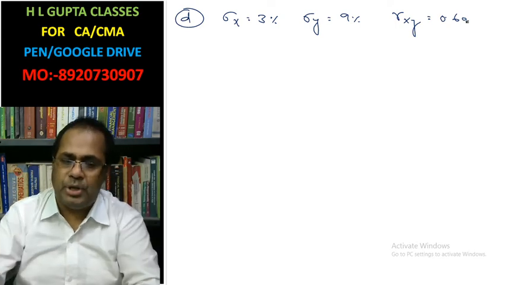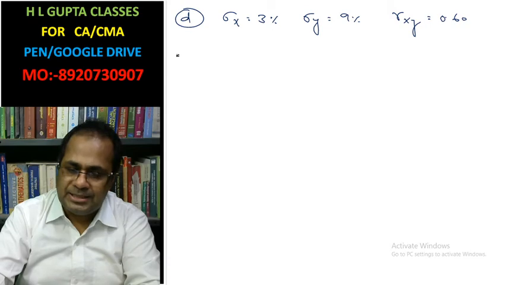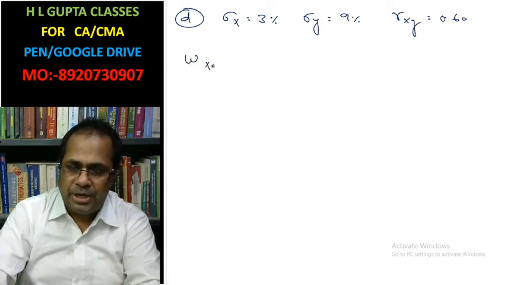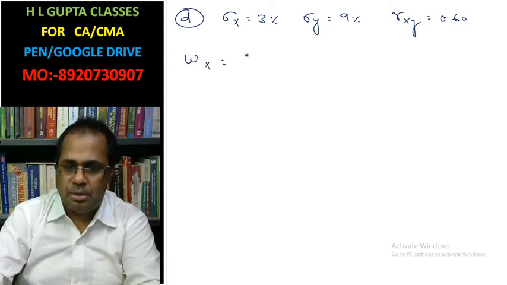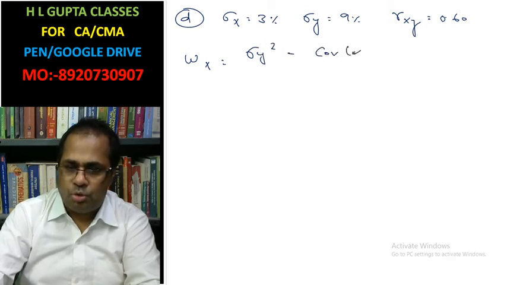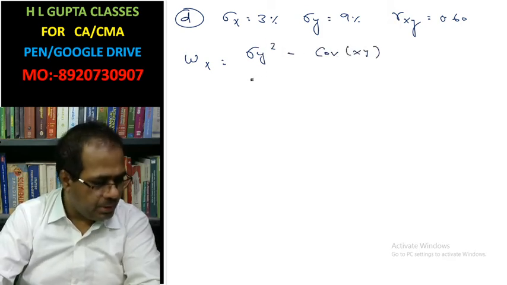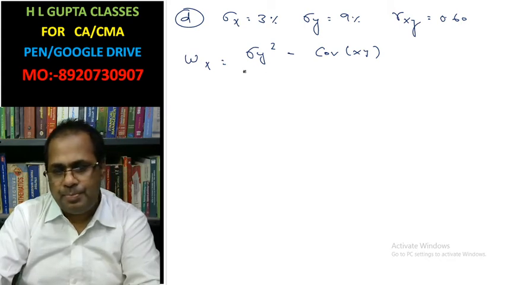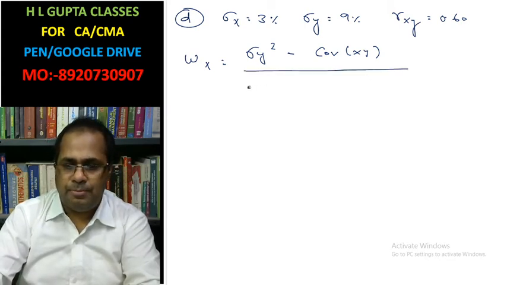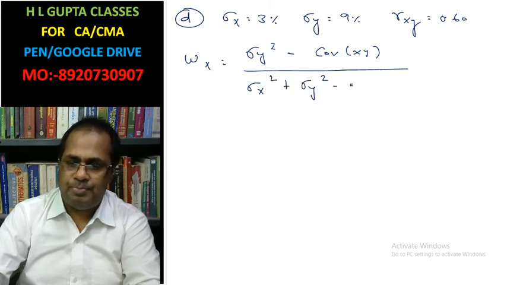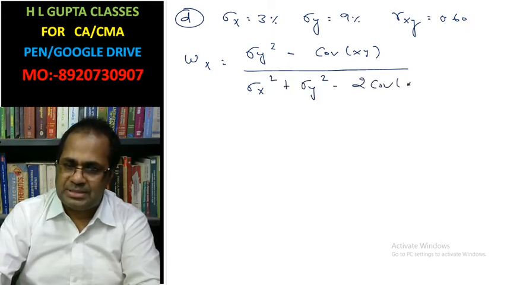Okay. Now in this case, weight of x you have to calculate as standard deviation y squared minus covariance xy, whole divided by standard deviation x squared plus standard deviation y squared minus 2 covariance xy.